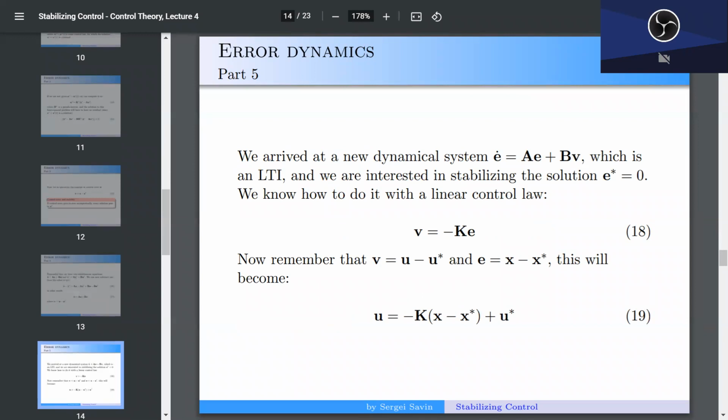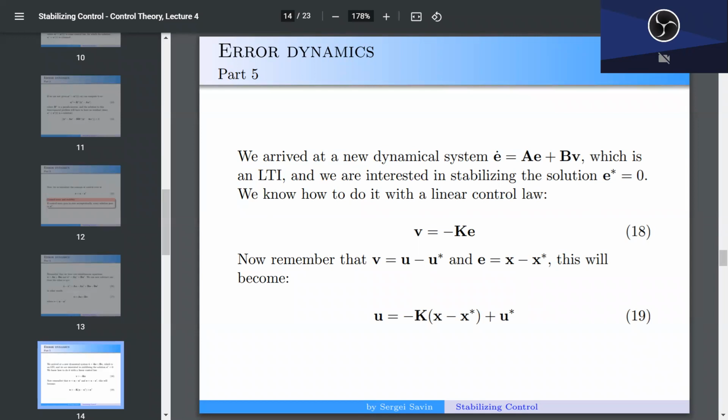Except your control input was u, not v, right? So substitute instead of e, x minus x star, and instead of v, u minus u star. Yes. Yeah, we converge to the solution. Yeah, u star is the control input that would drive us along the solution x star.